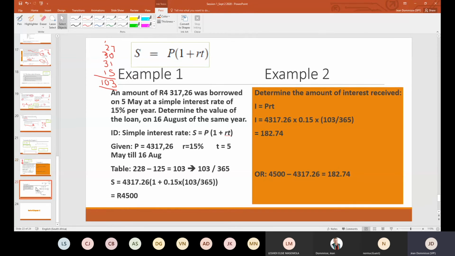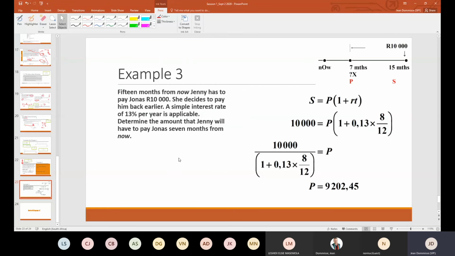Okay, and then the last one for today is, so let's look at this one. As you can see, I always like to do the timeline. 15 months from now, so here is now, 15 months from now, Jenny has to pay Jonas 10,000. Let me just take that out so that we can see, it's 10,000.